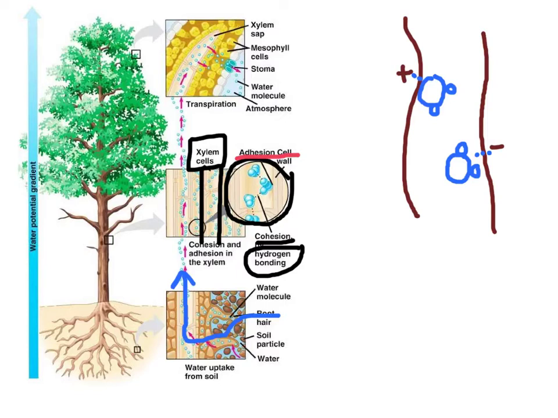And while adhesion is the steam engine, cohesion is the links between each car and the train, and up goes this long train of water molecules, one after the next, all the way until they get to the leaves, where they can be used for photosynthesis.